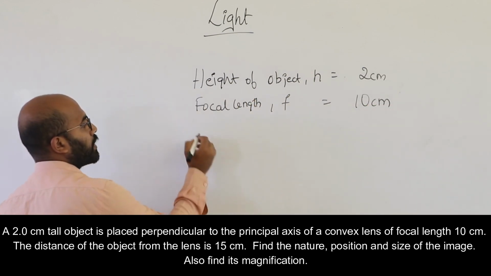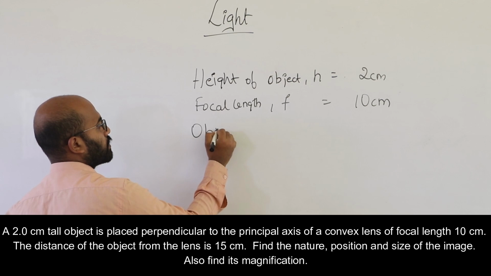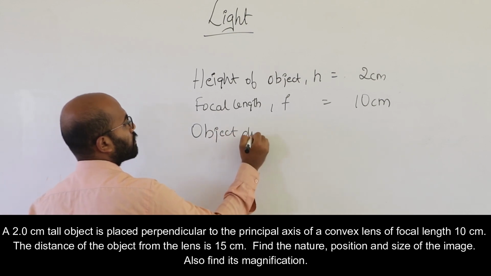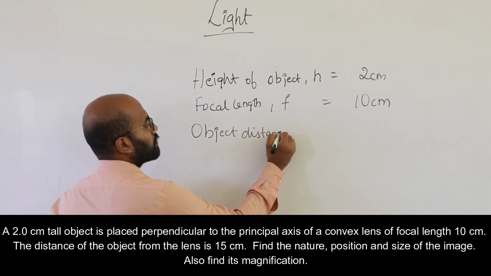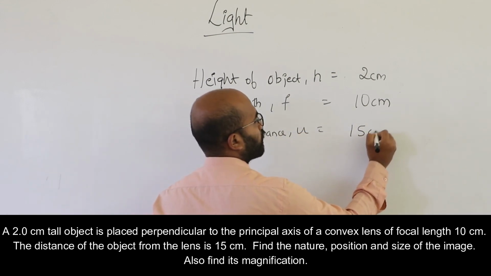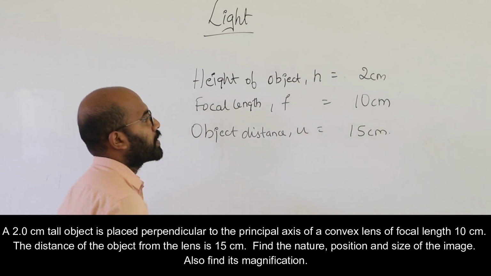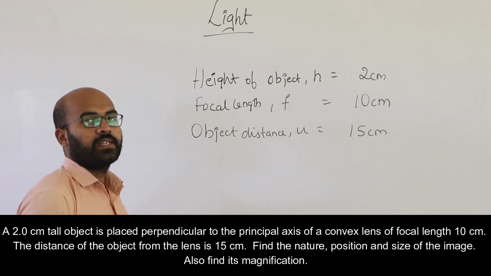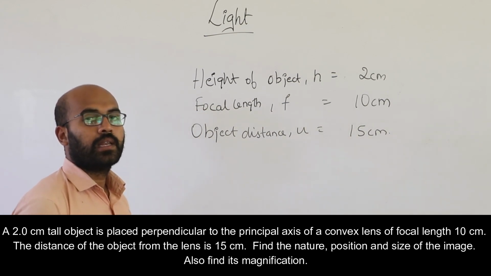Next, object distance. Object distance is 15 cm. So what they have given is, it's a convex lens.